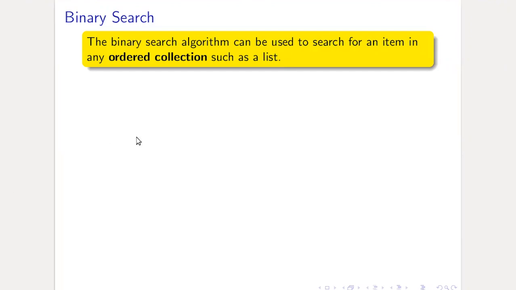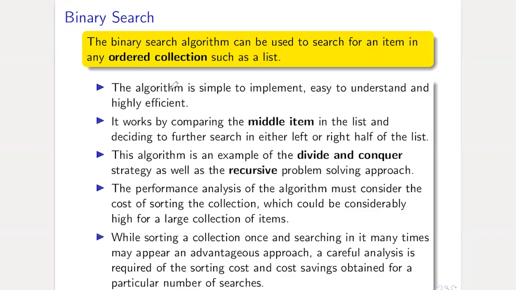But binary search is for an ordered collection. So what does that mean? You may have to first sort the contents in the list. That's how you would get the algorithm started.